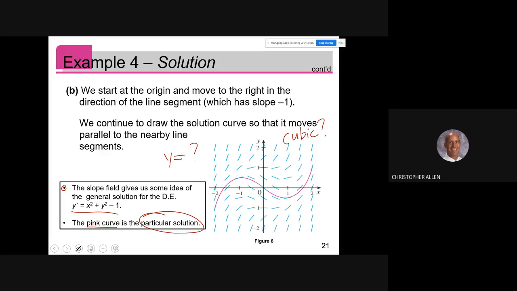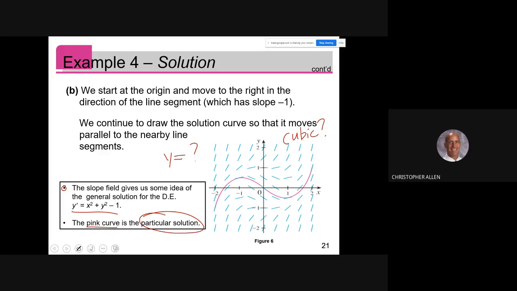Let's do pi over 4. Let's pick it fairly easy. So pi over 4 is roughly a little bit less than 1, right? So let's say here's 1. Let's just make this pi over 4. And then y here is going to be 1, okay? So, what was that, radical 2 over 2?